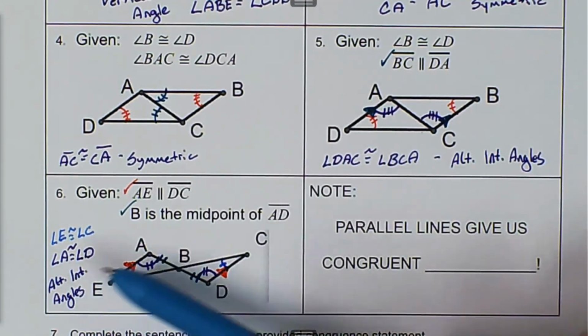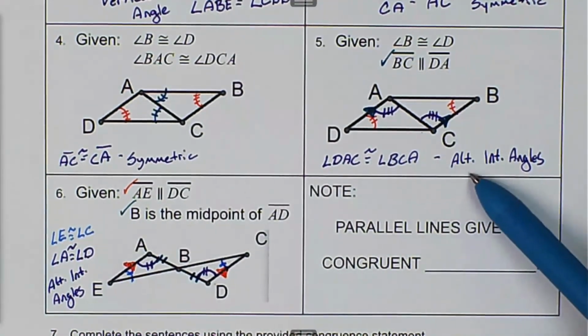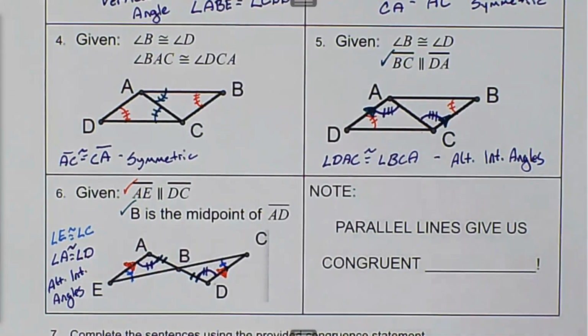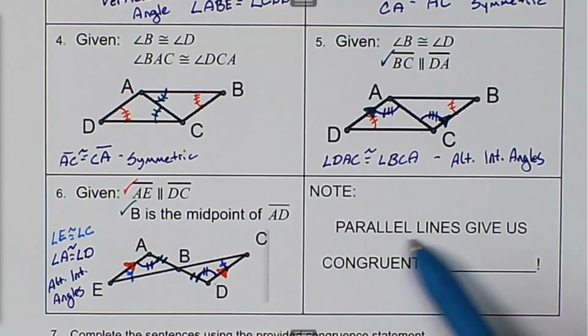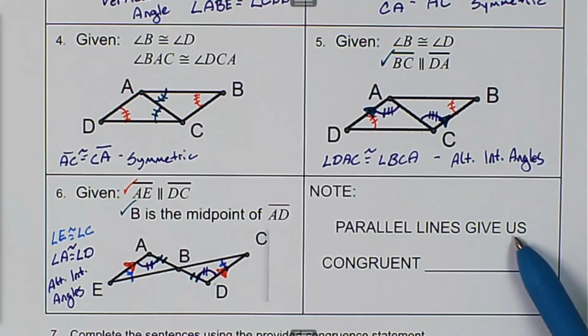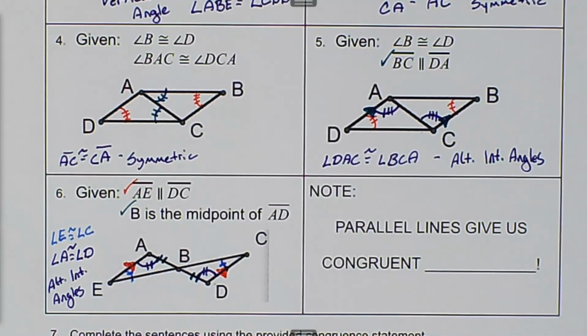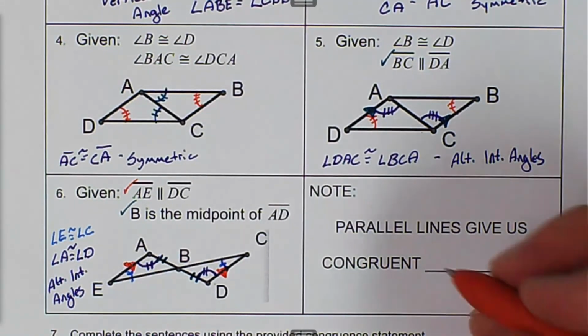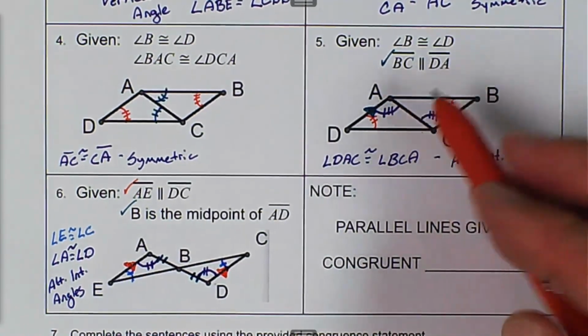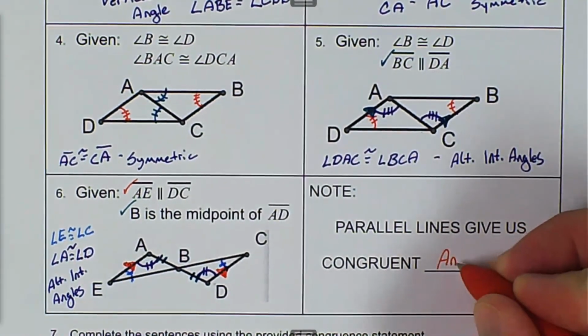So we have parallel lines cut by a transversal. Our alternate interior angles are congruent, and that's going to happen a lot. So here's a note. Anytime we have parallel lines, they give us congruent angles. So if we're given parallel lines, we should be thinking congruent angles.